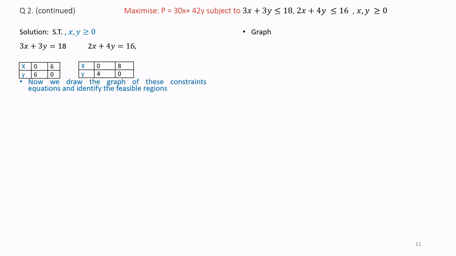Now we will draw the graph of these constraint equations, identifying the feasible region. So please take a graph sheet, a pencil and a scale, and on the left side leave some margin and draw a vertical line and a horizontal line. Mark the point O. O is the origin, the intersection of the x-axis and y-axis. Let it be 0, 0. Now we have to draw the equation 3x plus 3y equals 18.